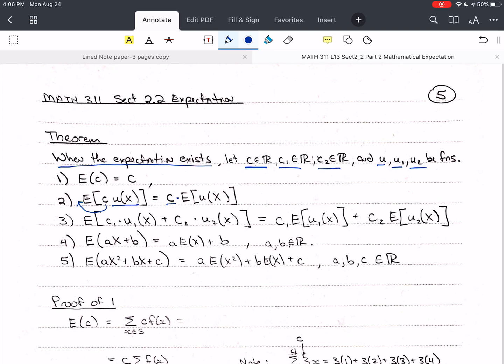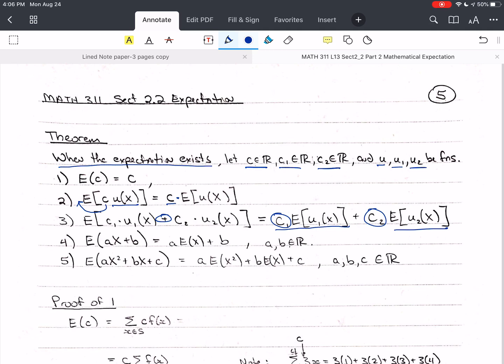And then if we have a linear combination, c1 times u1 of x plus c2 times u2 of x, well, we have a plus here, and so we can break it up into two expectations, and using property 2 above, we can pull out c1 and c2 here. And then we have the linear operator.